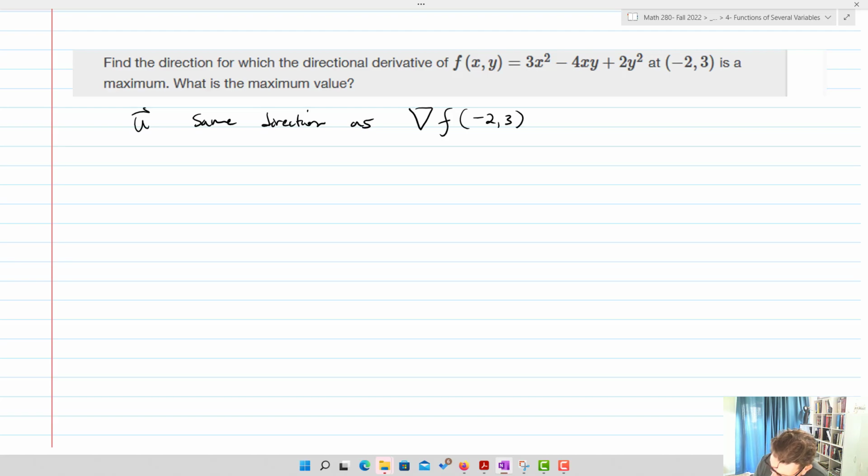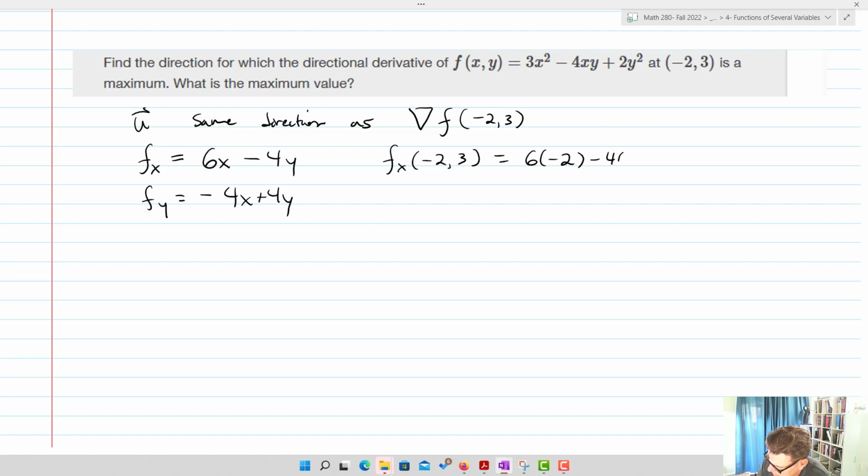So let's find fx, the partial with respect to x, which is going to end up being 6x minus 4y. And fy is going to end up being negative 4x plus 4y. Now, fx at negative 2, 3 will equal 6 times negative 2 minus 4 times 3, so that's negative 24.